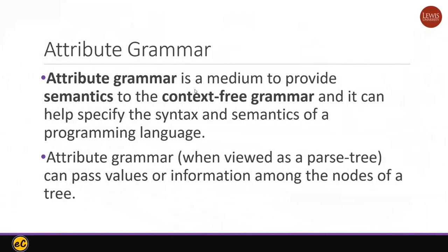Attribute grammar is a medium to provide semantics for context-free grammar. Context-free grammar by itself does not have semantics; we don't evaluate on it. So this contributes semantics. We try to attach the attributes to the context-free grammar syntax tree.